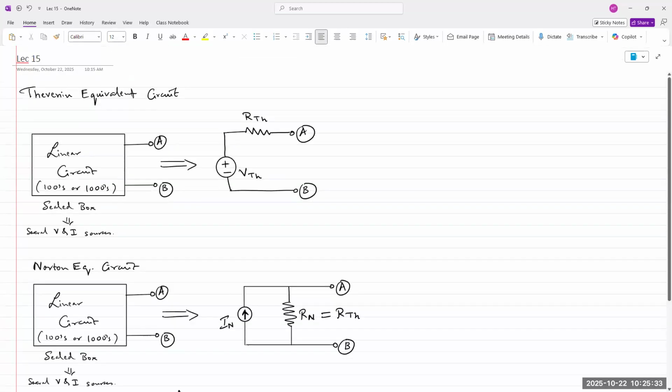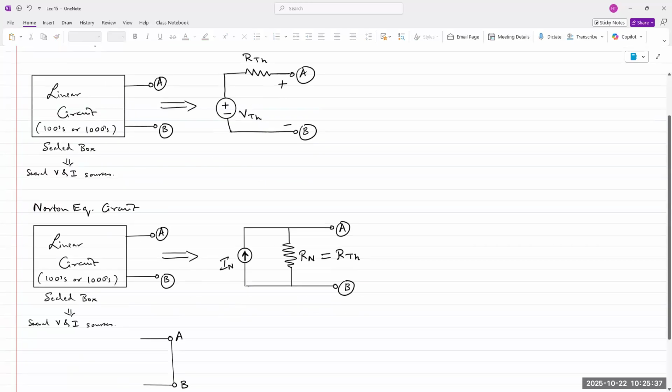And if your assumed polarity for A and B was plus at the top, then the Norton current direction must match. So if you find this short circuit current ISC, that is your Norton current IN. Okay.